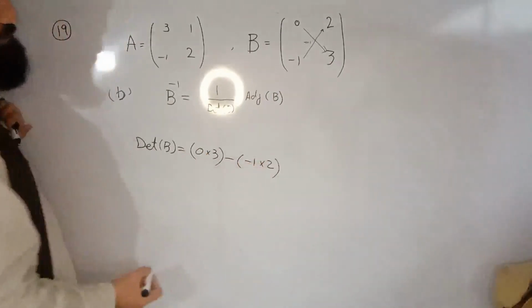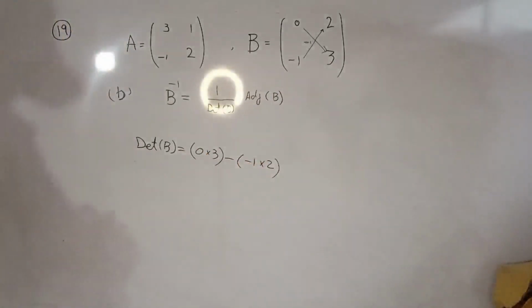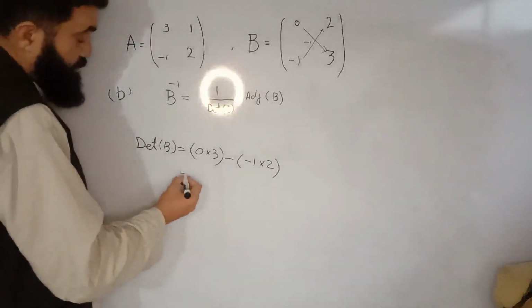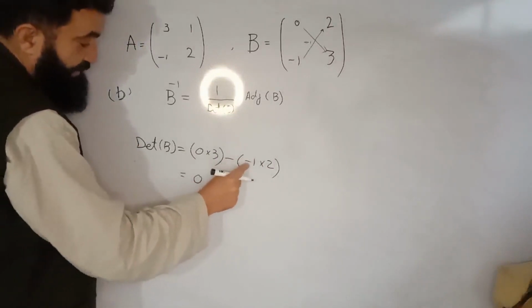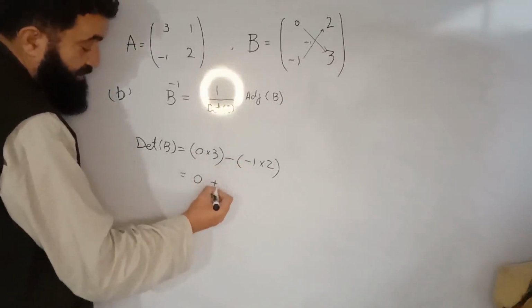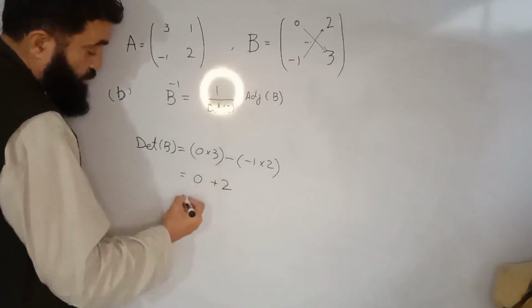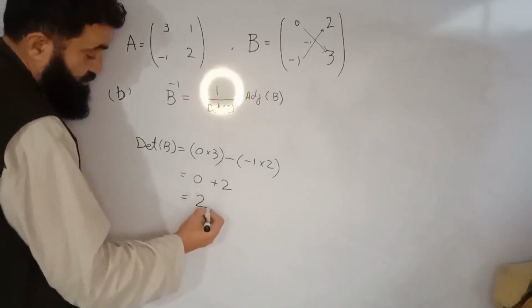Just multiply them and subtract them. First diagonal minus second diagonal. Now this is equal to 0 into 3 is 0. This minus plus, so this is plus 1 into 2. So determinant of B is 2.